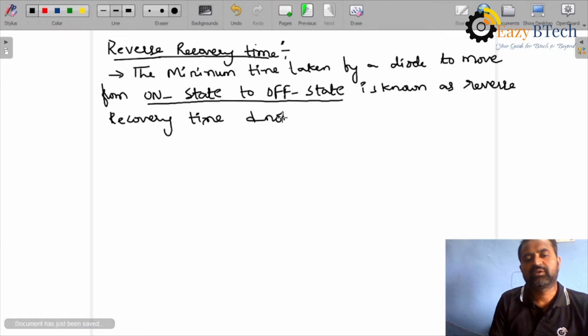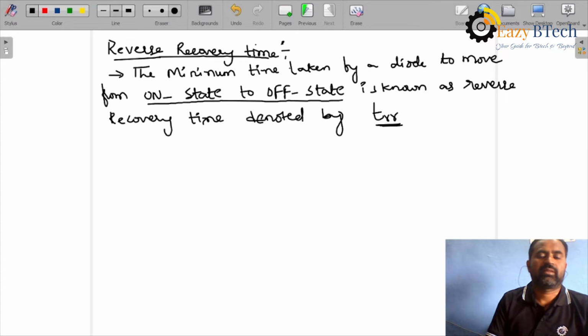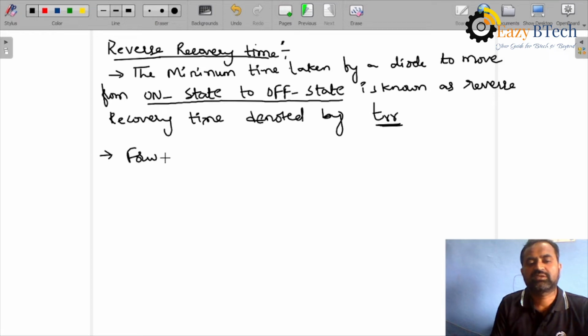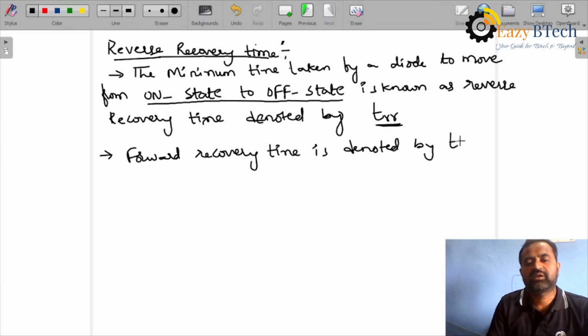It is denoted by TRR, reverse recovery time. And forward recovery time is denoted by TFR.